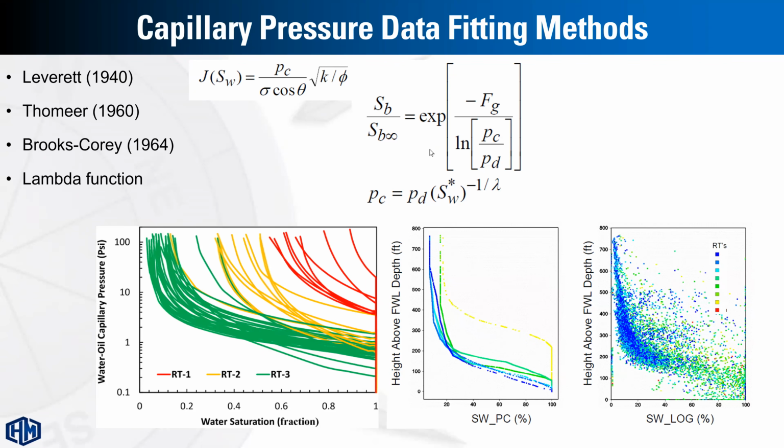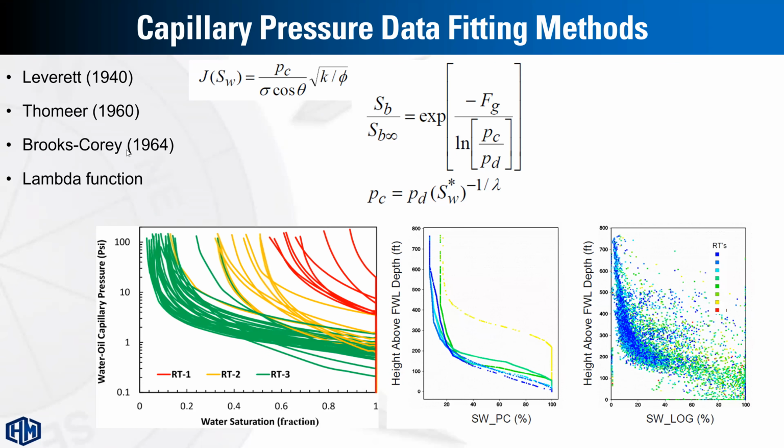For the Thomeer model, we have what we call the FG or G parameter, and the displacement pressure, and also the measured capillary pressure.